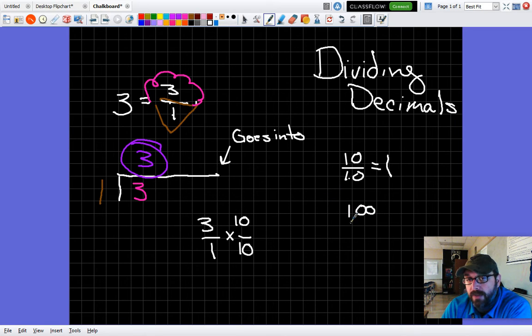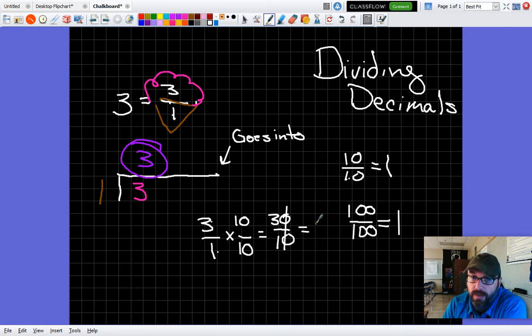What's 100 over 100? It's 1. So I am actually multiplying 3 over 1 by 1, but making it look different. So this would equal 30 over 10, which simplifies to 3.